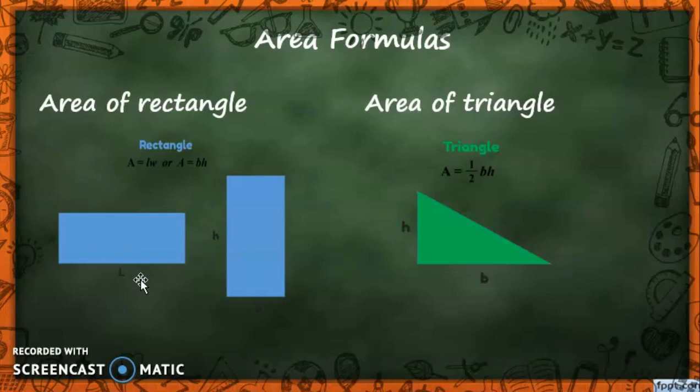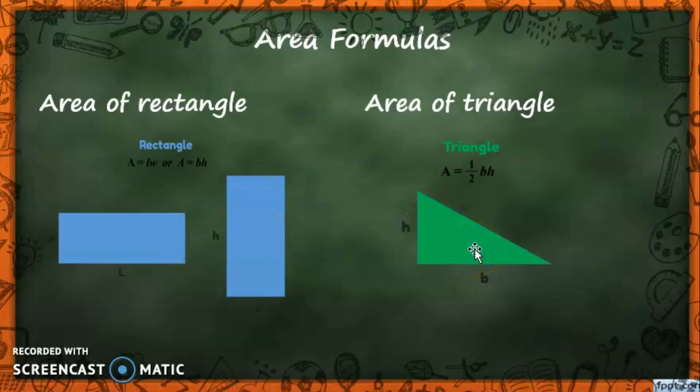Now, area of a triangle. The area of a triangle is half times base times height. I know that some of you may be wondering why the half is there. Well, if you look closely at the triangle, couldn't it be half of a rectangle? Food for thought.